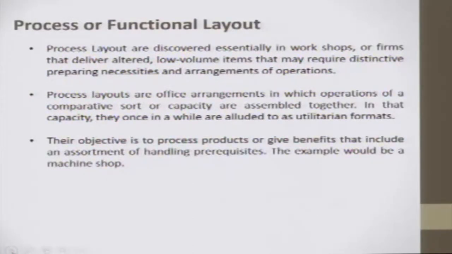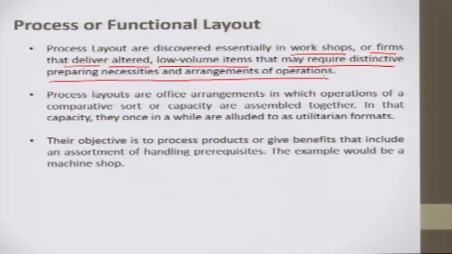Process layouts are found essentially in workshops, firms that deliver varied low volume items that may require distinctive processing requirements and sequence of operations. By low volume, as I just mentioned, that means it is batch production. So what is process layout?